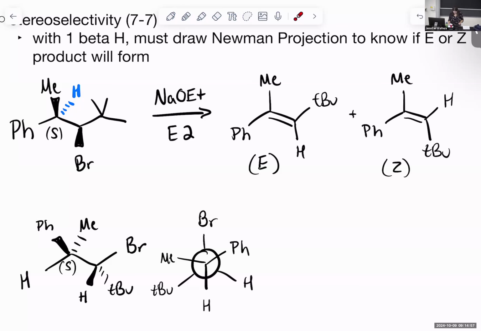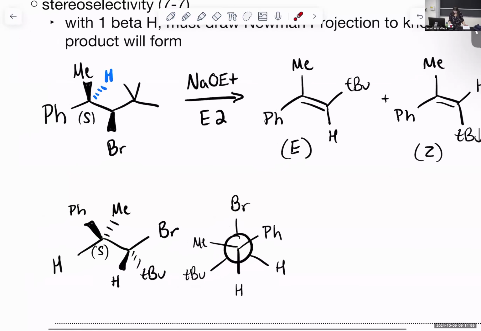If I think about that Newman projection, I rotate this to get my hydrogen and my bromine to be in plane with each other so that they are now aligned, and I am looking down this bond. That is where I'm seeing the hydrogen straight down, the bromine straight up.